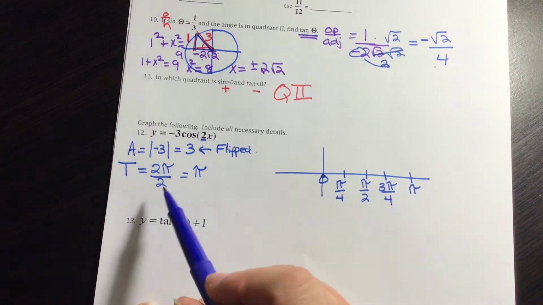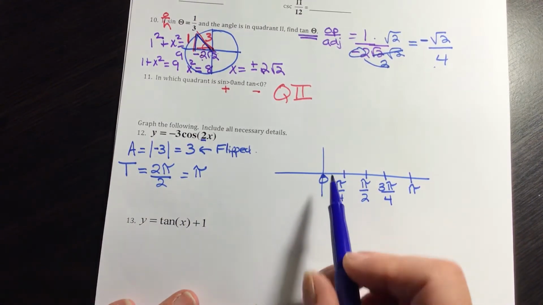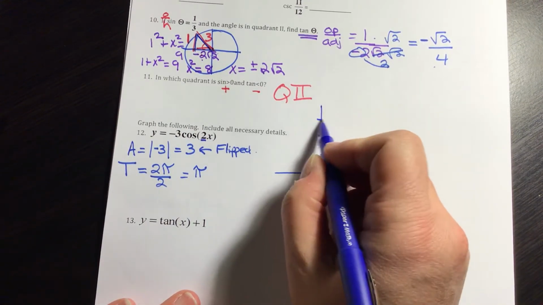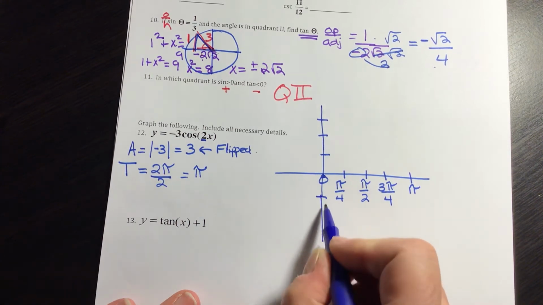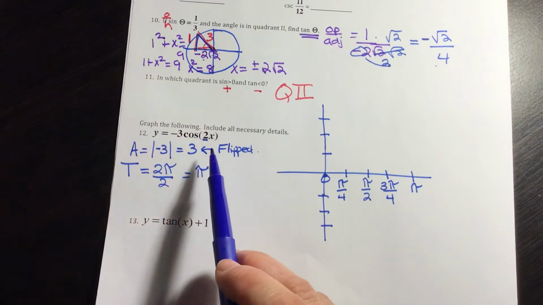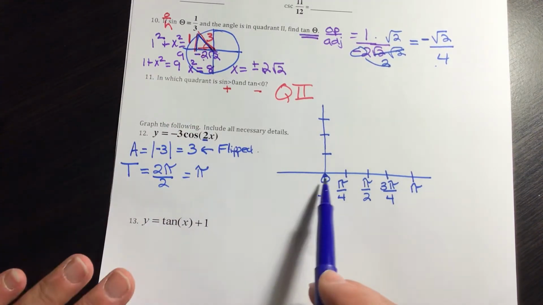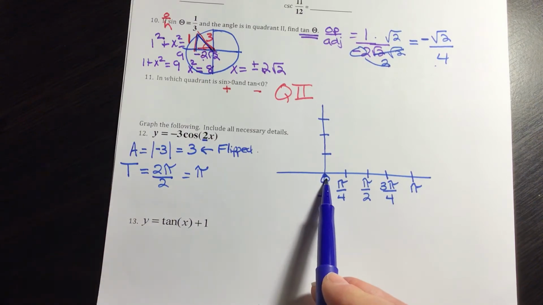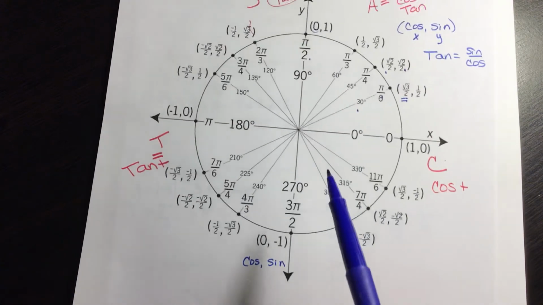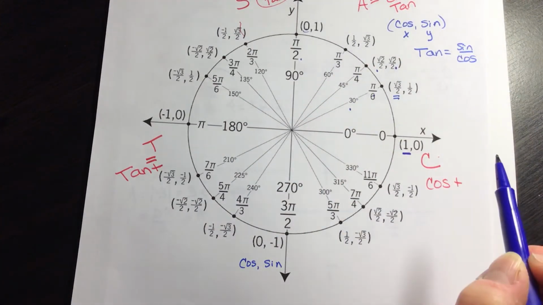Okay, now cosine, and if I don't remember where it starts, the cosine of an angle, if I have an angle of 0, cosine is going to be 1.